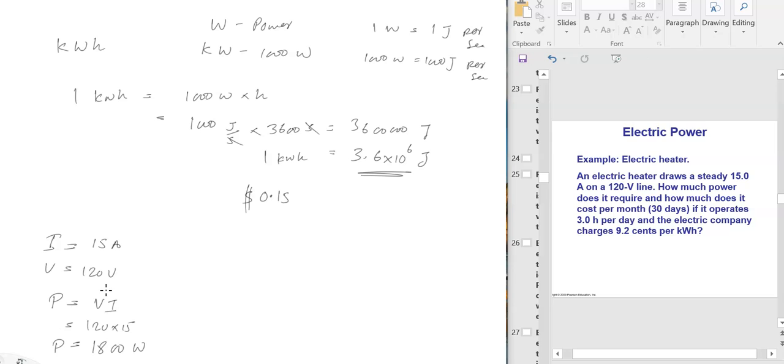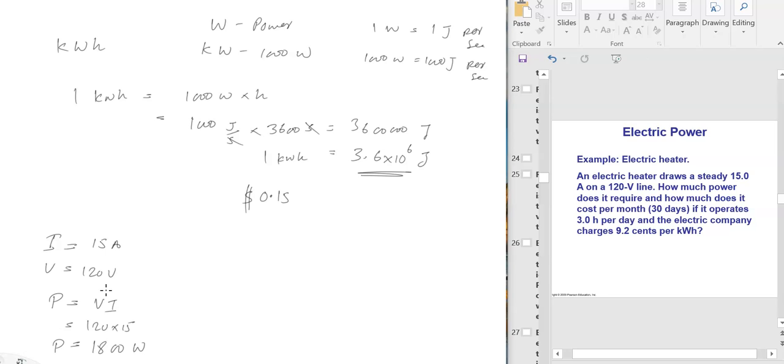So the cost is based on the amount of joules you are using, right? 1 kilowatt hour is 3.6 times 10 to the 6 joules. So let's find out the total number of joules you are using, and let's see how many kilowatt hours are there in that. And each kilowatt hour is 9.2 cents. It sounds a little complicated, so we'll go step by step and figure out the total cost.